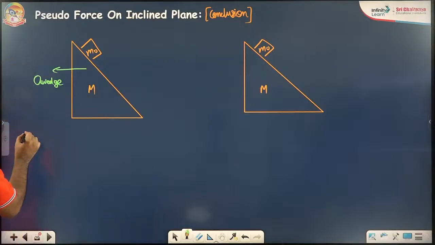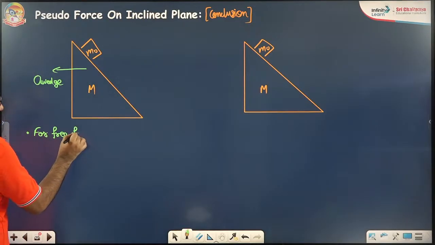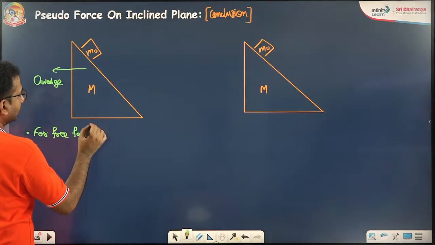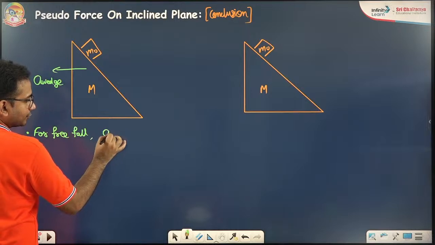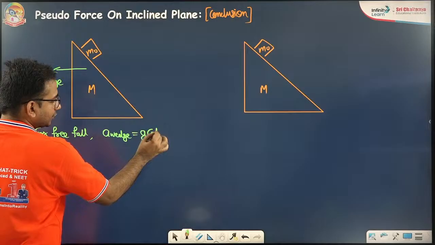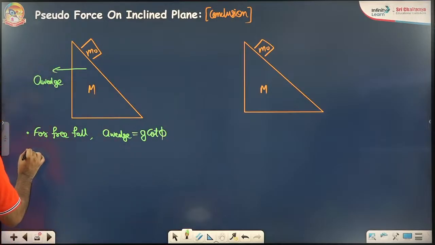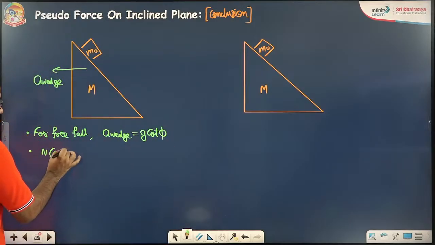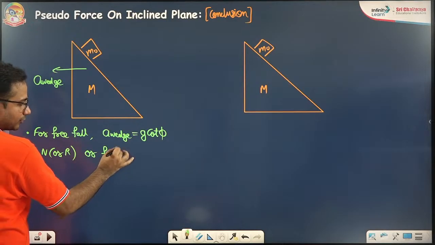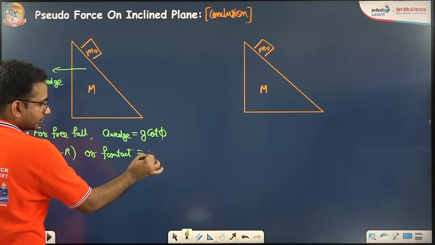So I will say for free fall, we will have acceleration of wedge equal to g cot phi. In that case, the normal reaction N or R or contact force is going to be equal to 0.